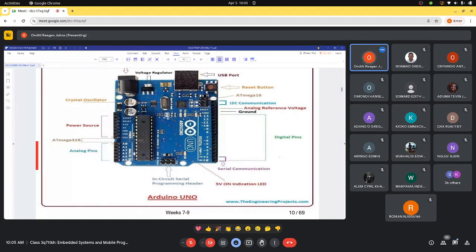I want you to carry it out as an assessment on your own and figure out what is the work of the input output ref pin, what is the work of the reset, the 3.3 volt, the 5 volt, the grounds, and so on. I would also want you to have a look at the digital pins all the way from 0 up to 14, and the I2C communication ports and basically how they work. Looking at them will give you a very humble time to be able to implement your Arduino environment.